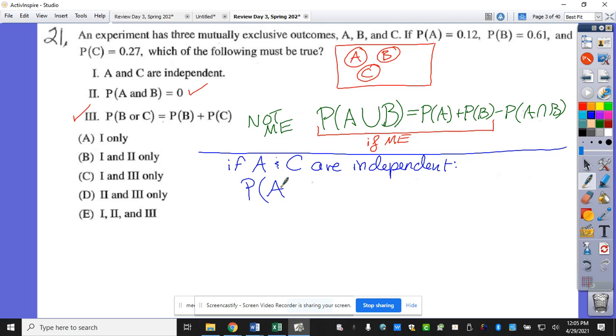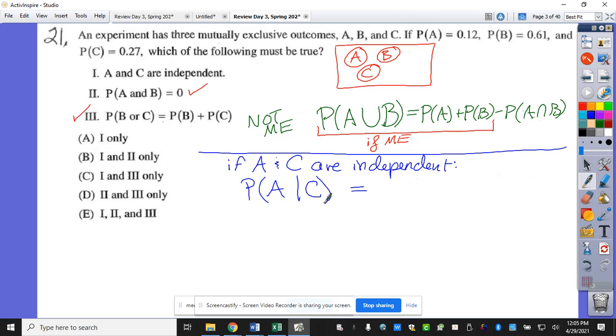Probability that A happens given C. This is the equation of what you're seeing.